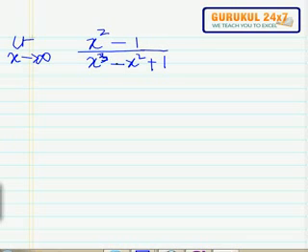Now, in these types of problems, what we call rational functions, because in the numerator and the denominator you have a polynomial, these functions are known as rational functions. Well, basically what you have to do is see what value of x we are approaching. Here we are saying that x approaches infinity.